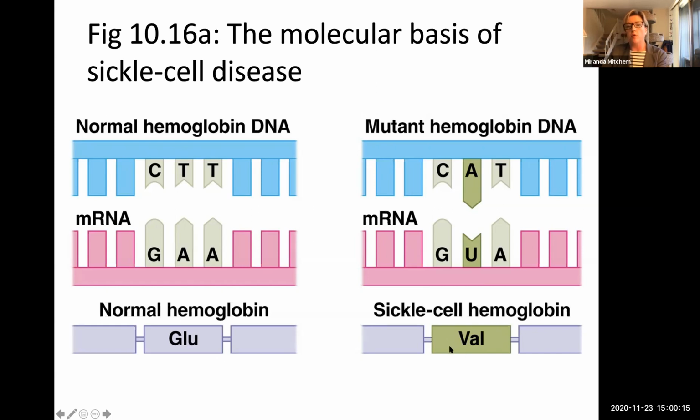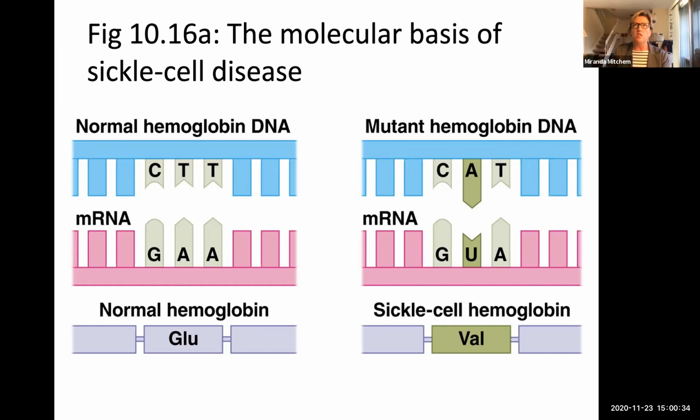Now it encodes for valine, and this is quite a different amino acid. So the shape of the molecule of hemoglobin changes extensively because these two amino acids have different chemical properties. So that affects its shape, which affects the function.